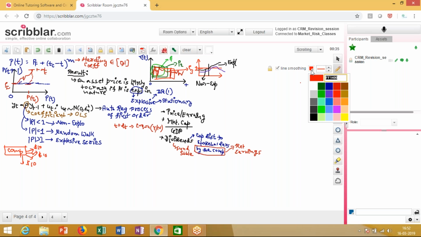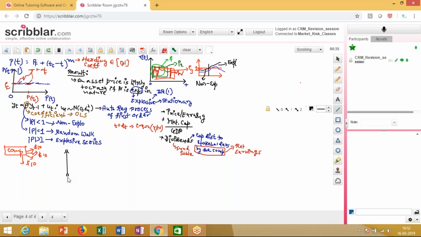Okay. So let's graphically have a quick look into how this may happen. The point is that if I look into the dividends, the path of dividends does not change overnight. It takes time for these things to happen.